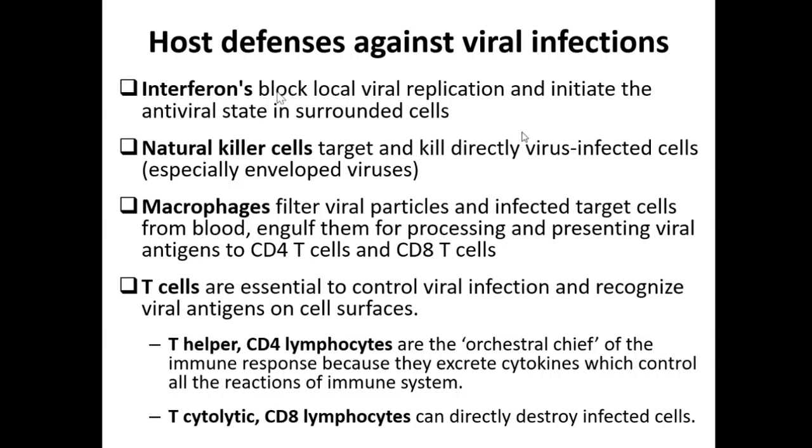So, interferon is released by immune cells like macrophages, blocks local viral replication and initiates the antiviral state in surrounding cells. Once it is known that a virus, an external agent, is within the tissue, interferon will block local viral replication and initiate antiviral states in surrounding cells. There are also natural killer cells.